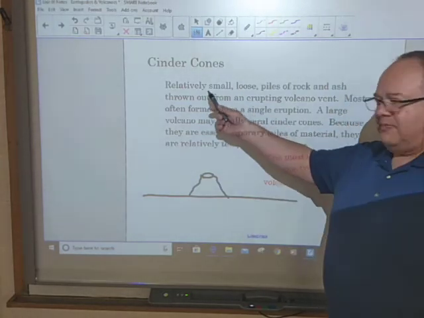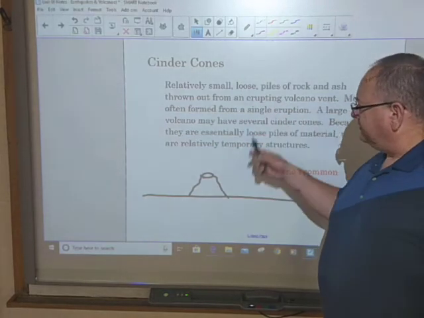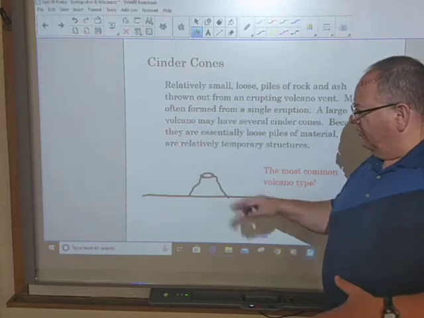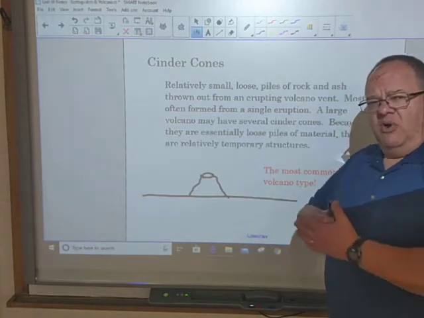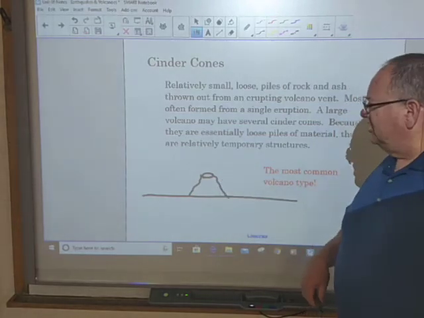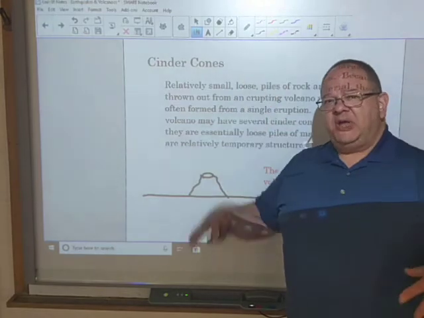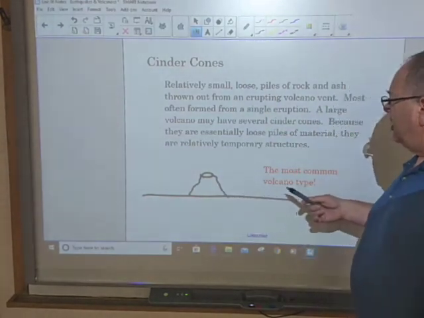But sometimes that material is just a fairly loose pile of rock and ash, and when that eruption is done, you have this little cone there, but now weather comes along, rain and wind and all that kind of stuff, and constantly is changing these things. One big composite volcano may have lots of cinder cones around it.